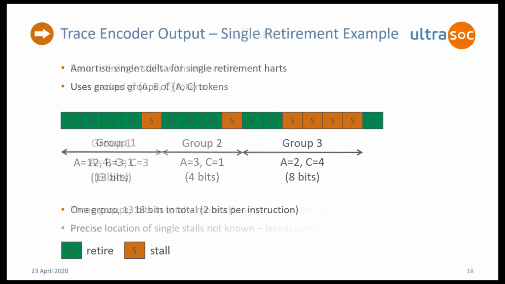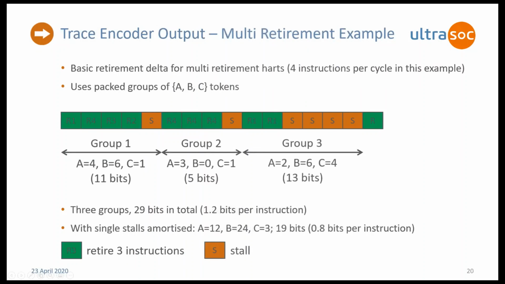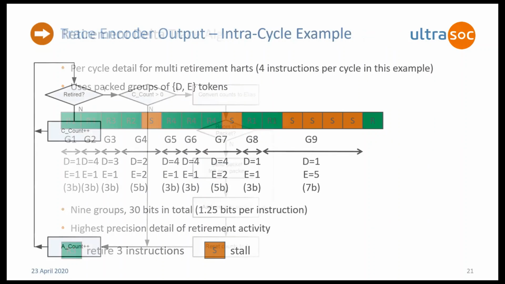So we missed opportunities in here, and then 3 stalls at the end. So altogether, we can see for the same sequence of instructions that we're more efficient in terms of bits per instruction, but obviously we don't have the visibility into precisely where those stalls occurred. So it's a trade-off, as I mentioned, between trace bandwidth and accuracy. I'm going to skip the others.